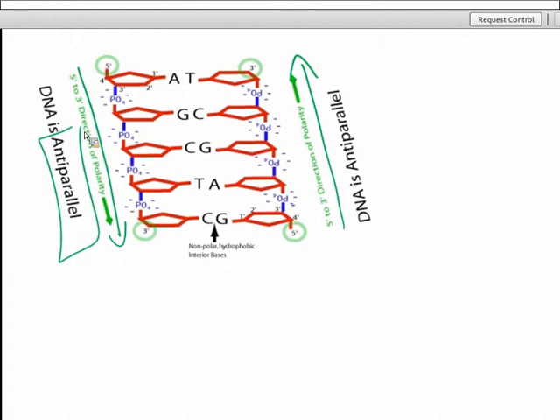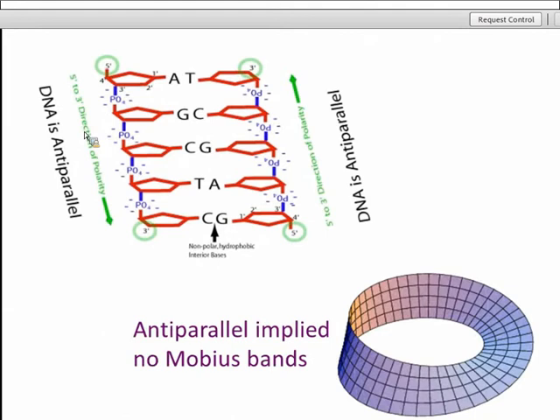Topologists actually find that sad because you can't create any Mobius bands. So there's no Mobius bands because when we tried to connect things up, in one direction, if this is where you were trying to connect it up, they'd be going in the wrong direction. And so no Mobius bands in our DNA.